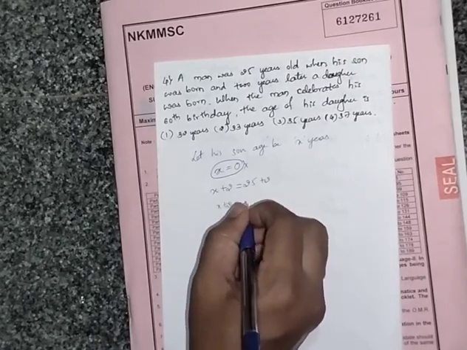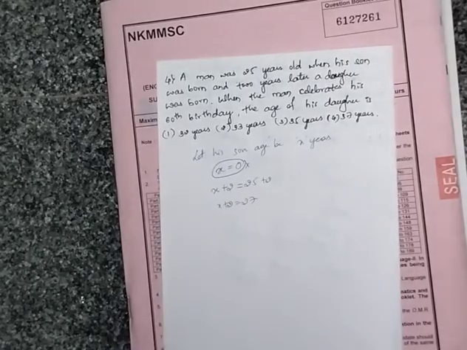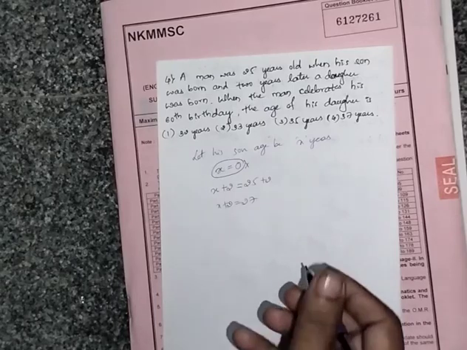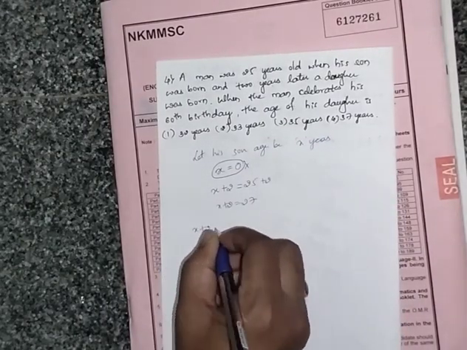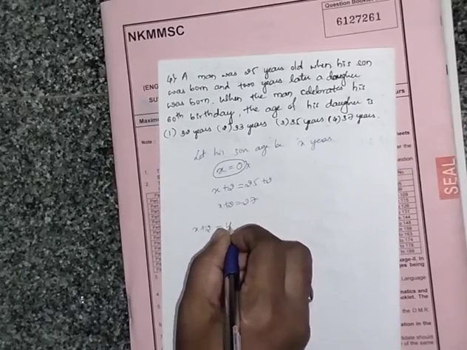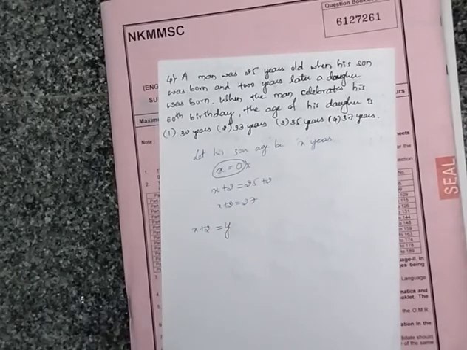After 2 years a daughter was born. At that time his son's age will be x plus 2, and a daughter is born. That means his sister is born.